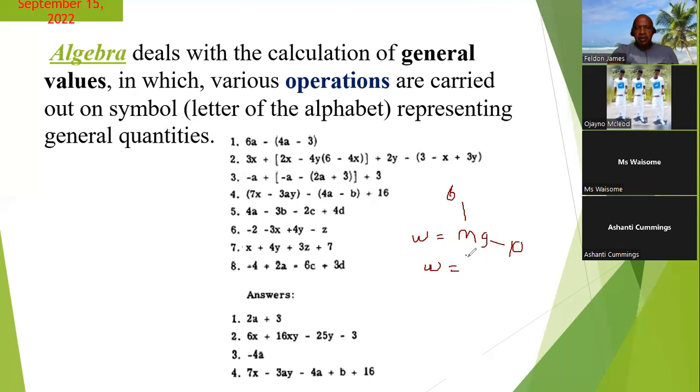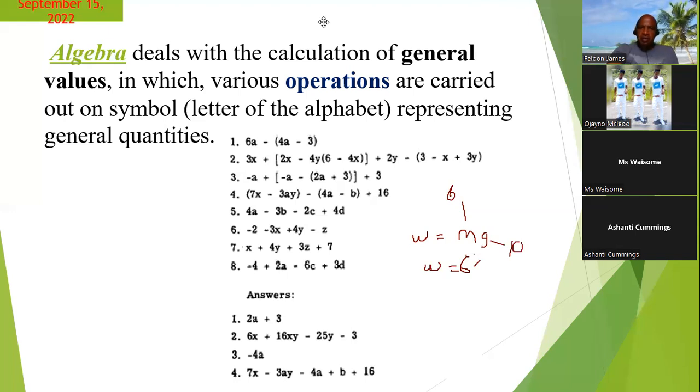So you put the actual number for m. Now, when you're working with formulas, two letters together, there's an invisible multiplication sign. So once you put in numbers, the multiplication signs have to reappear, right?